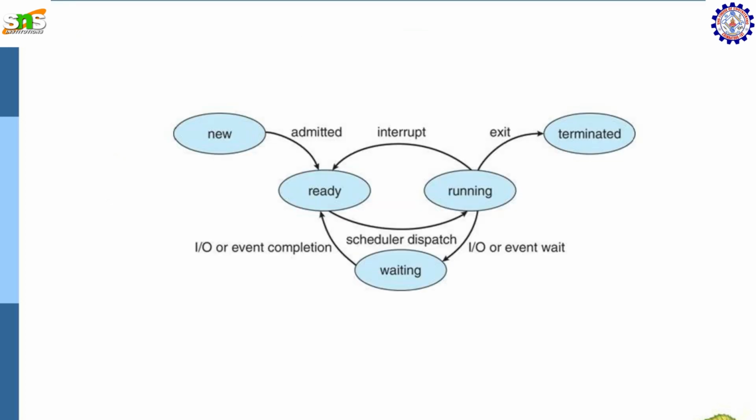Next, you can see the diagram of a process state. Initially, the process is admitted to the ready state. After that, when the scheduler dispatch happens, it moves to the running state. In the running state, if execution is completed, it moves to the terminated state.